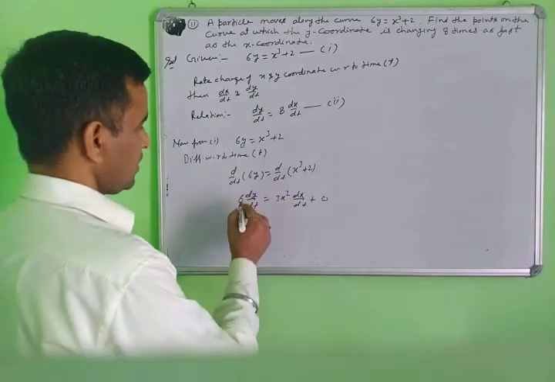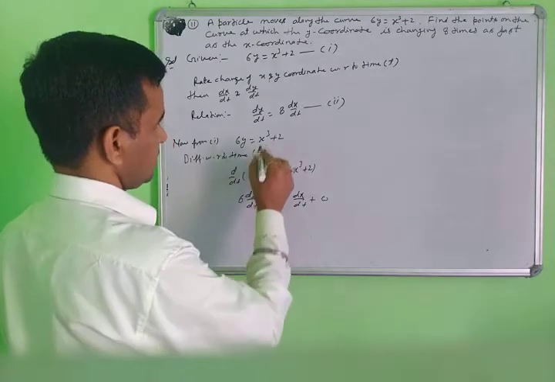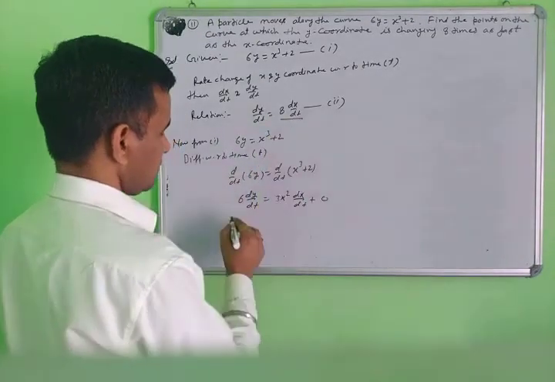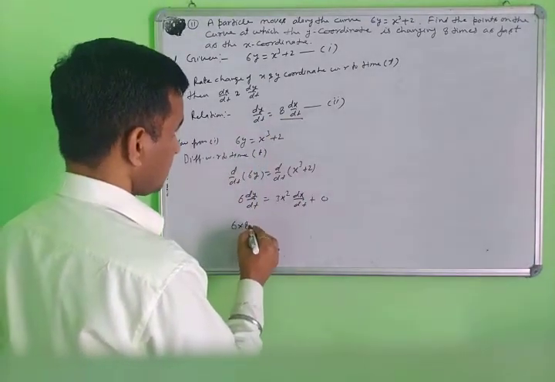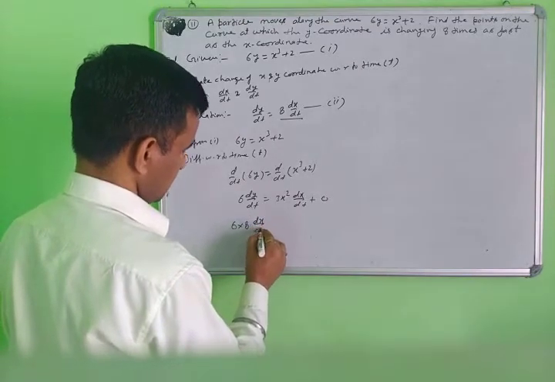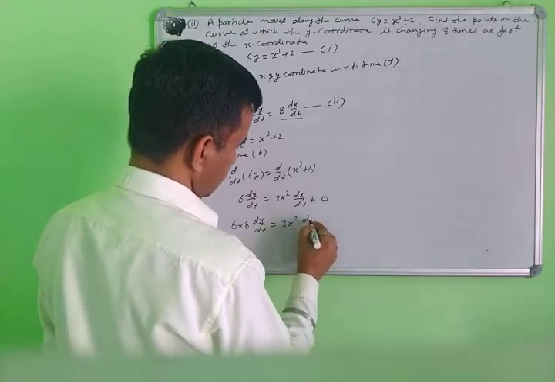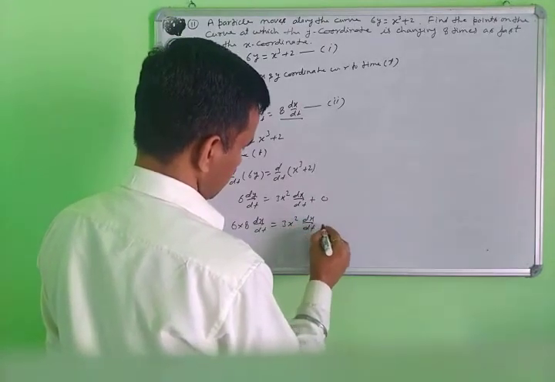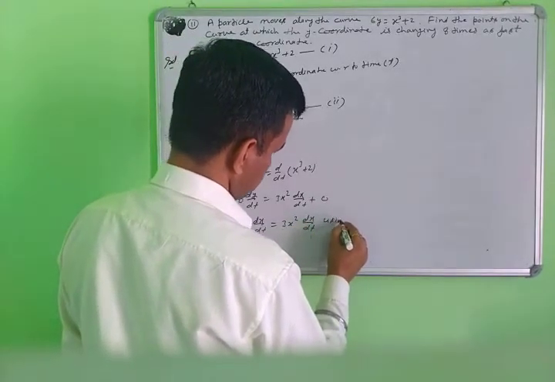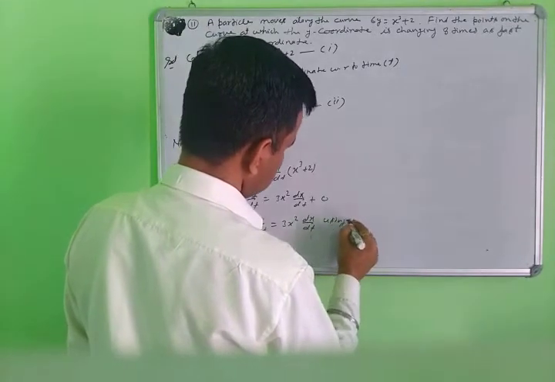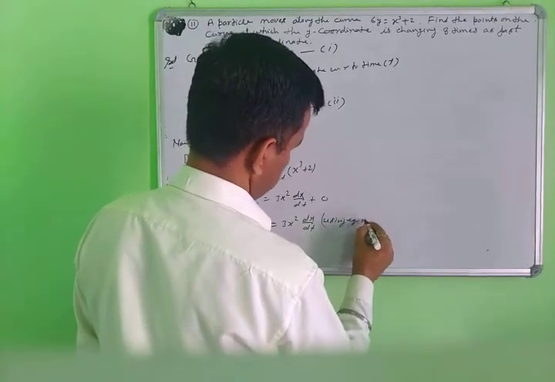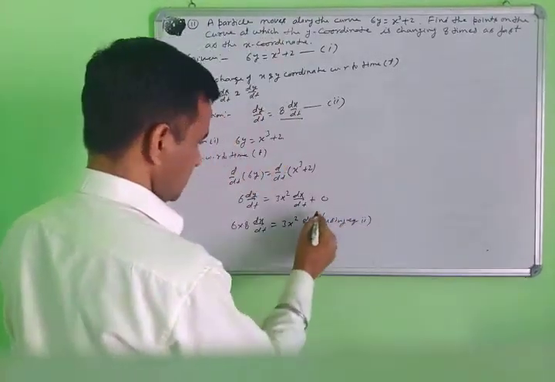Now put the value of dy over dt here: 6 into 8 dx over dt equals 3x square dx over dt. Using equation 2, dx over dt will be cancelled.